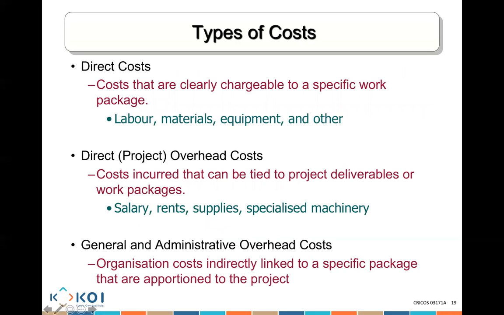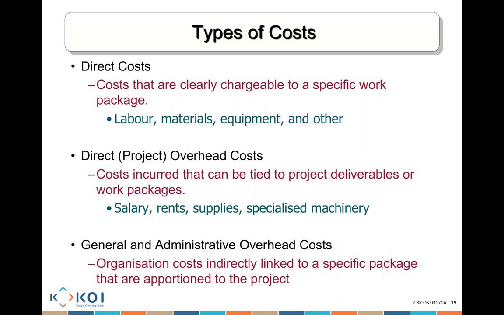When you talk about a project cost, you talk about a lot of costs. You talk about direct costs, direct overhead costs, general and administration costs, and so on. Direct costs are costs that I can clearly charge to a very specific work package. For example, I'll say, all right, you need to install the carpet, or you need to write a line of code.